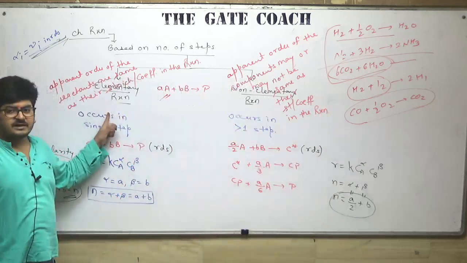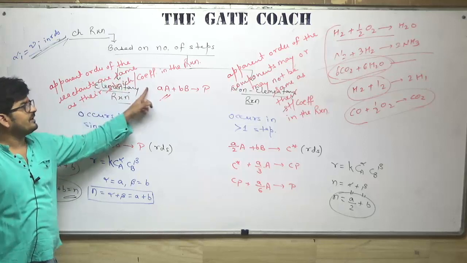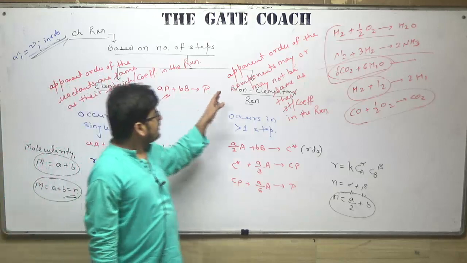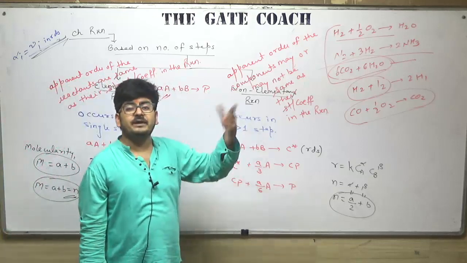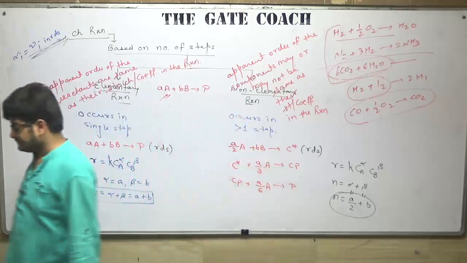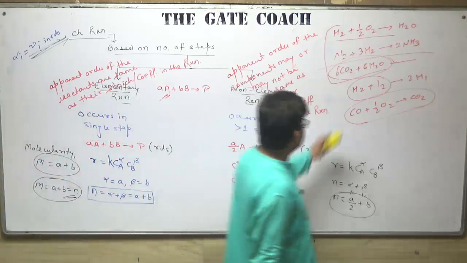For elementary reaction, apparent order of the components will be same as their stoichiometric coefficient in the reaction, 100%. But for non-elementary reaction, may or may not be. That depends on the reaction kinetics.